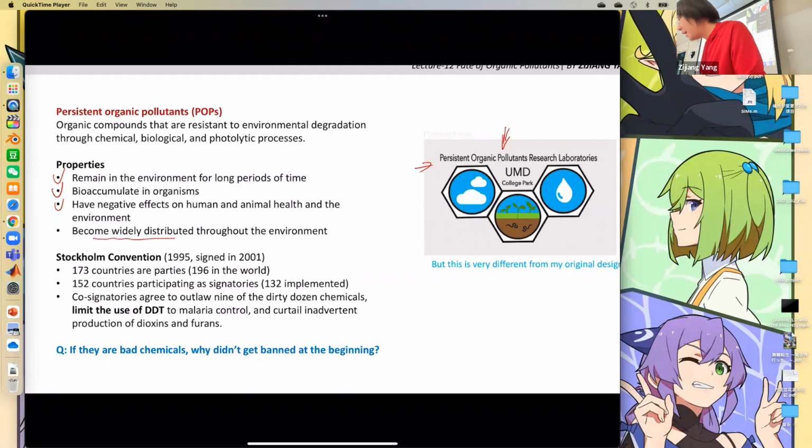And they usually become widely distributed through the environment, so we may find POPs everywhere. Because of that, we have some agreements so that these POPs are banned globally. But here we have a question: if we know that these chemicals are bad, why didn't they get banned at the very beginning?